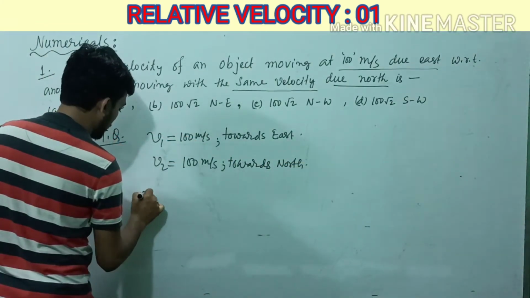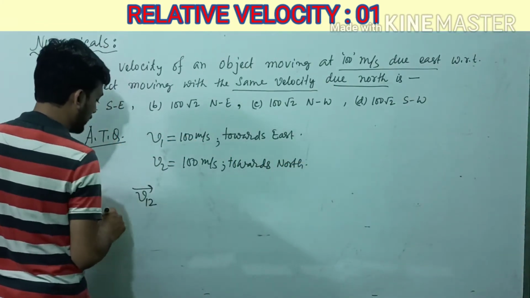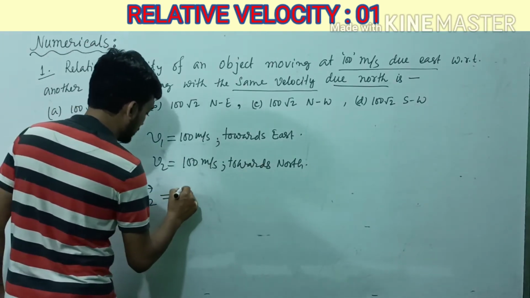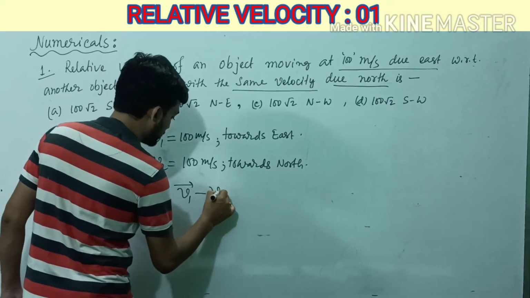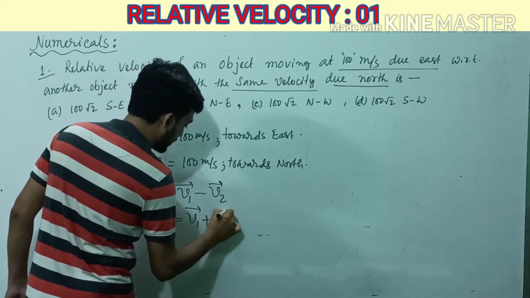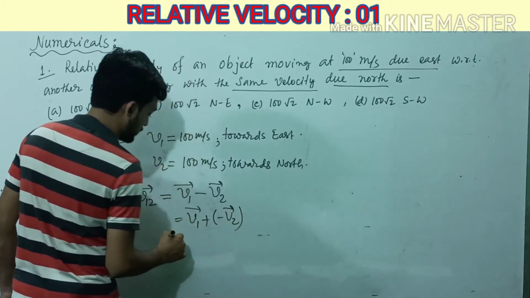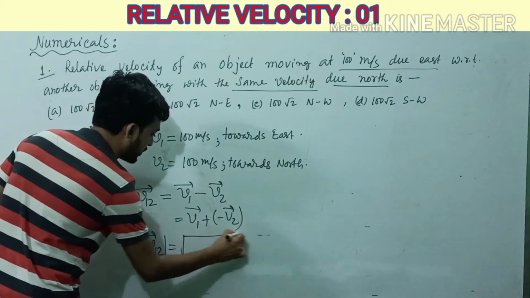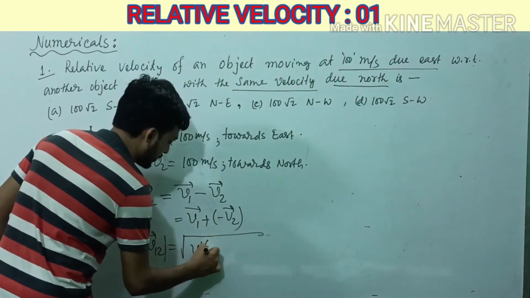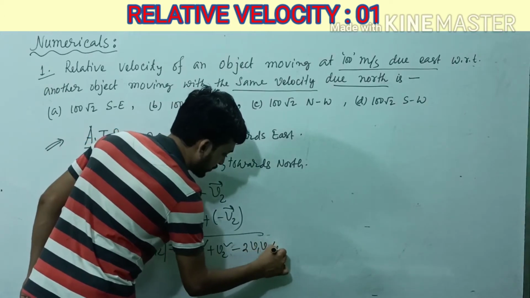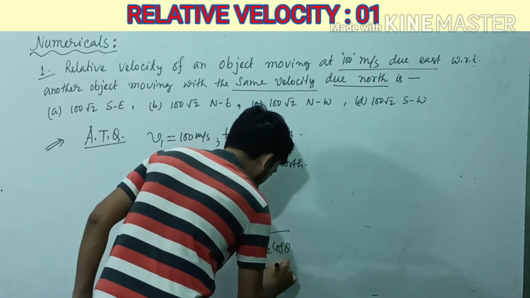Now by definition of relative velocity, V12, that is the relative velocity of the first object with respect to the second object, is equal to V1 minus V2, that is V1 plus of minus V2, and mod V12 vector is equal to root over V1 square plus V2 square minus 2 V1 V2 cos theta. Give it equation number 1.